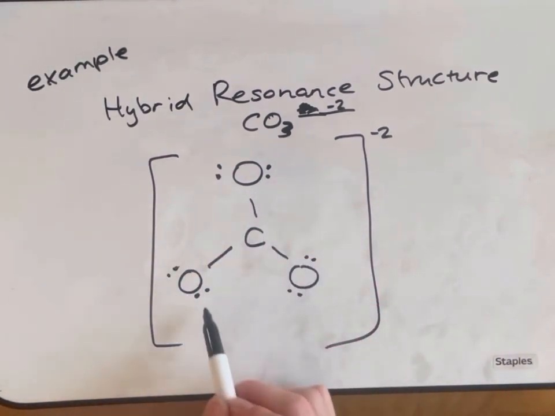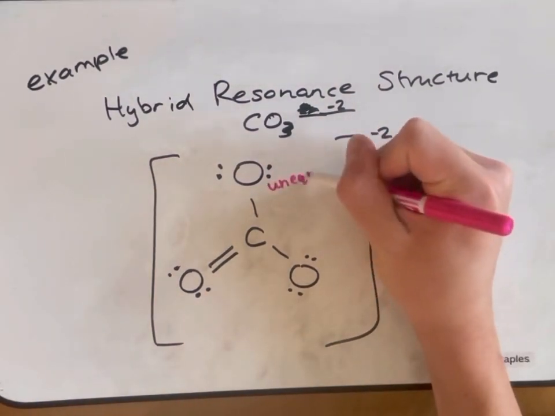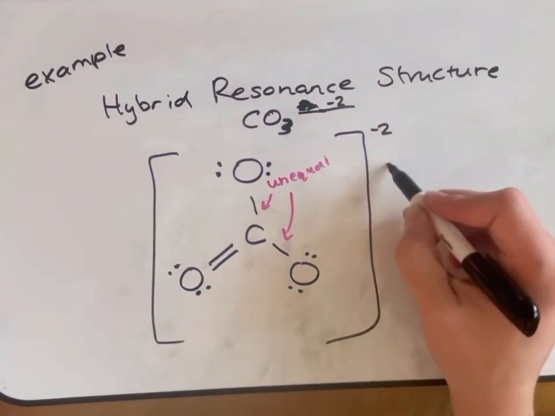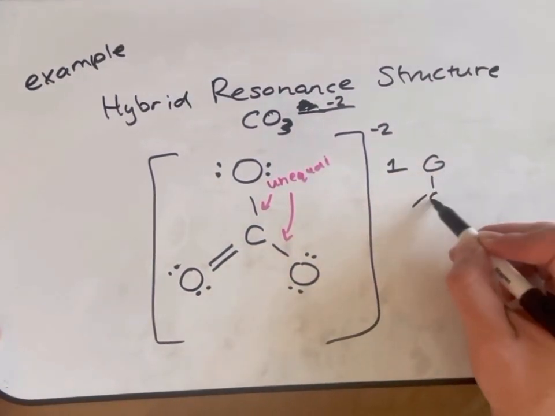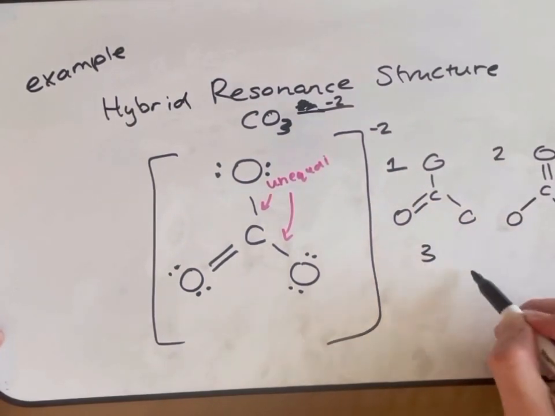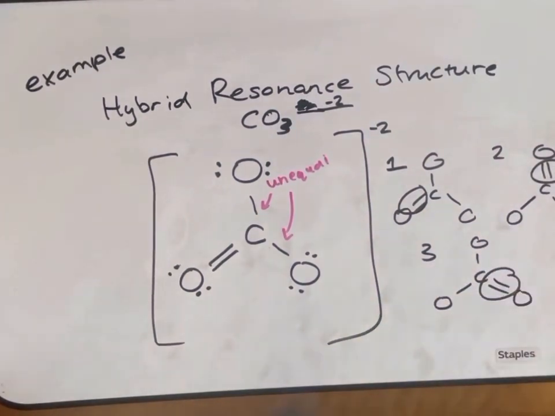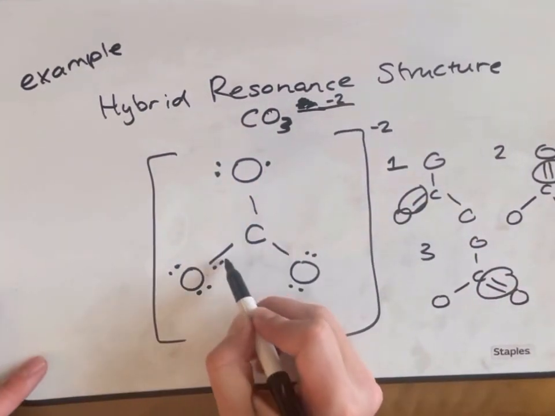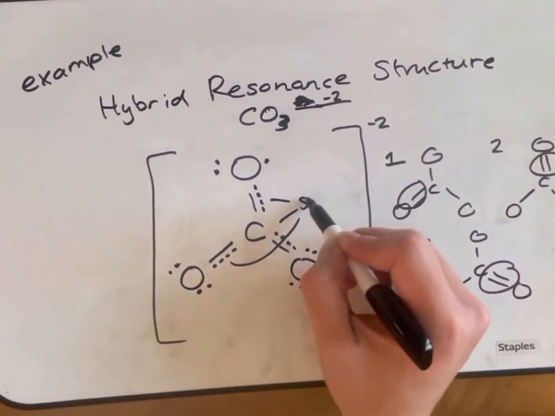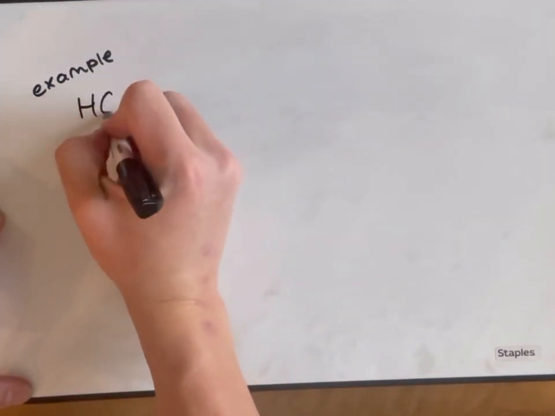But you see, we're going to have to put one more pair, and we can put it with the C. But now it's unequal because one O doesn't have it, and another O doesn't have a double bond. So that means one version is going to have it on the left side, one's going to have it on the top, and then one's going to have it on the bottom, because we have to make it equal. So in this case, if we're doing hybrid, we're going to just draw dots to represent that all 3 are an average of the 3 versions that we didn't include.